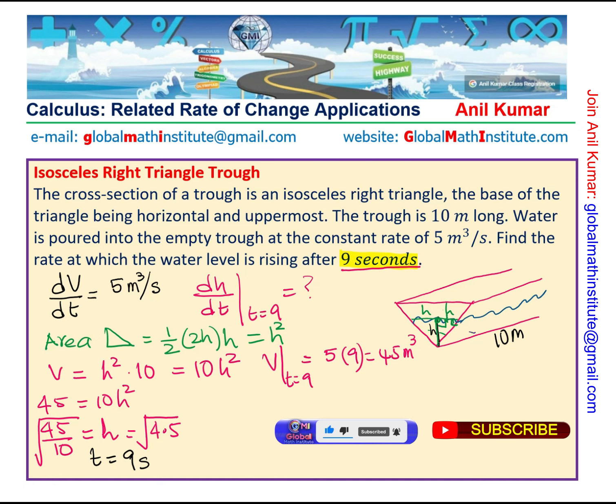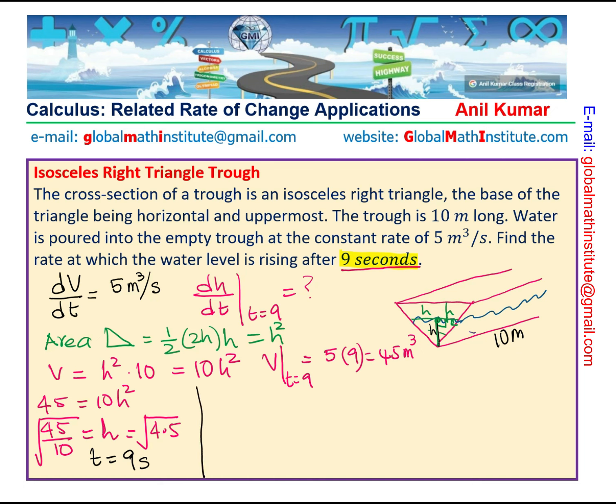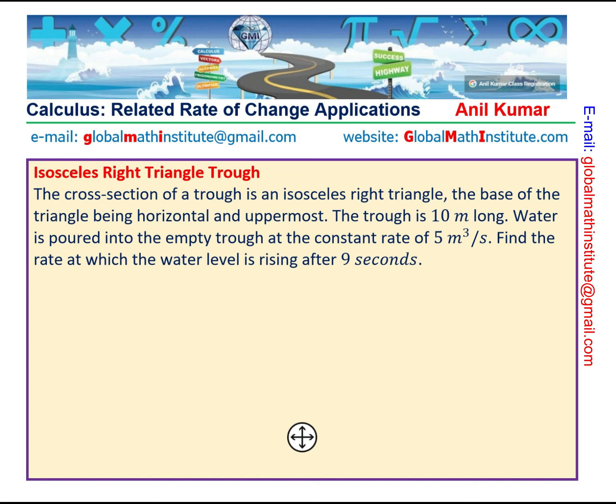We have all the parameters with us. So what we can do is that we have the volume expression which is 10h squared. So let's do it on a fresh page. We have volume expression as 10h squared.